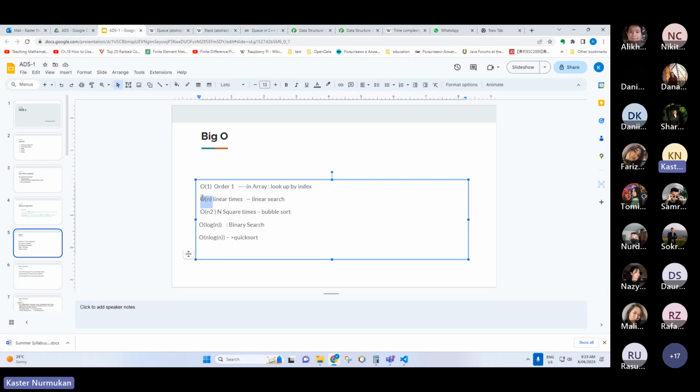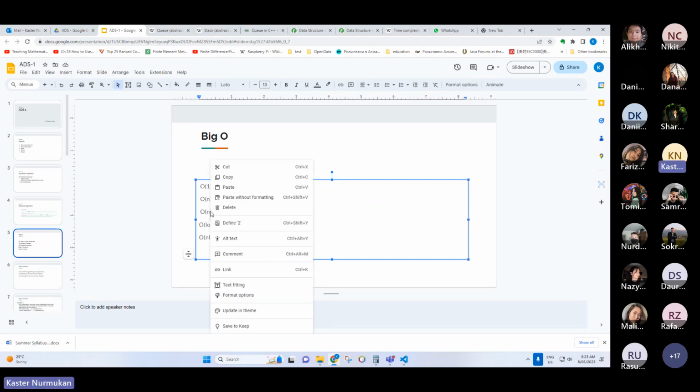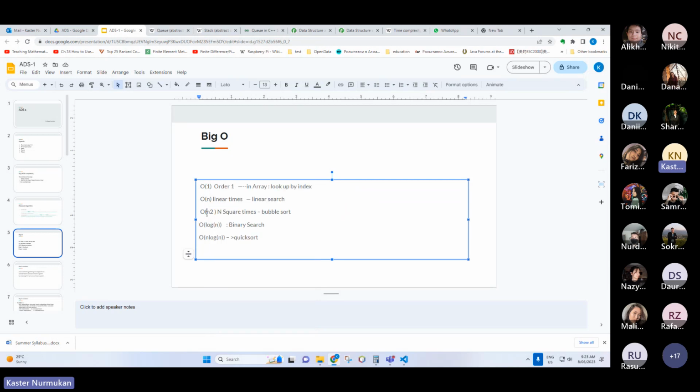This is a mathematical way of representation. Then O(n squared) means n to the power of 2, n square time, which is sometimes called quadratic time, right? So this is the mathematical way.